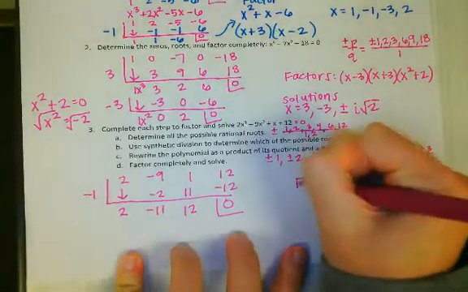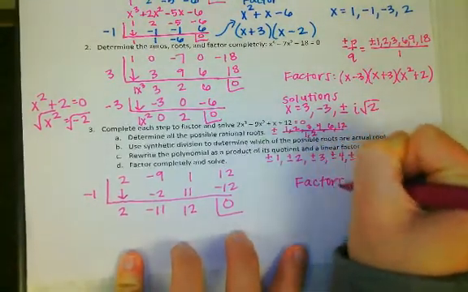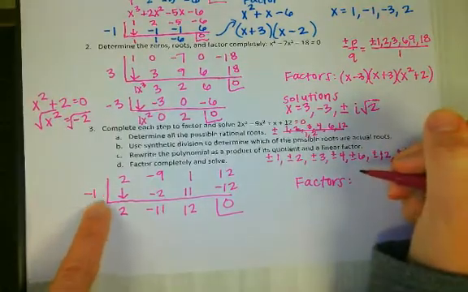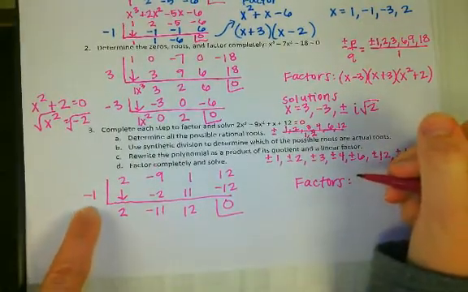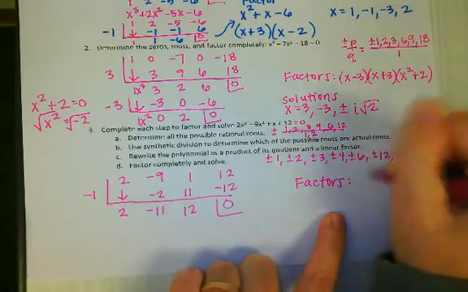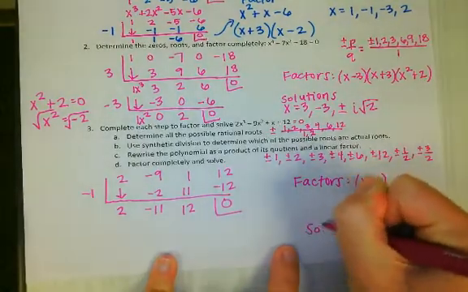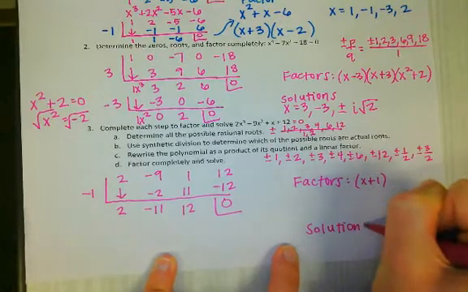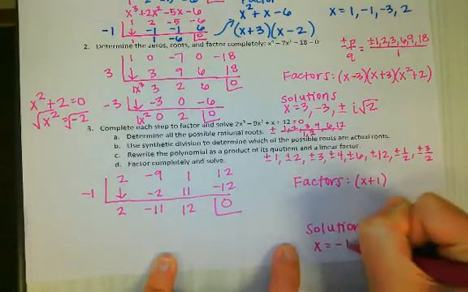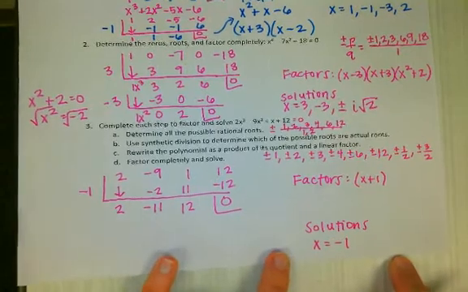So we have found, remember this is actually a root or a 0 or a solution, so my factor would be x plus 1. And then my solutions, one of them is -1.